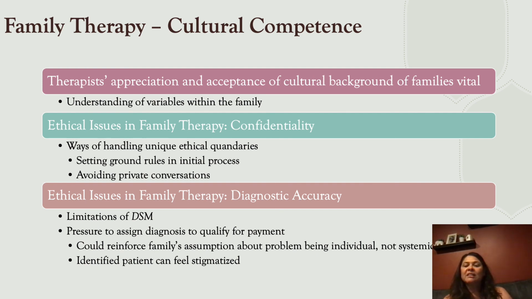But unfortunately, the diagnosis may start to generate and facilitate that identified patient idea, which can be problematic, and that identified patient can feel stigmatized. And certainly the diagnosis itself may be an ethical violation and even insurance fraud.